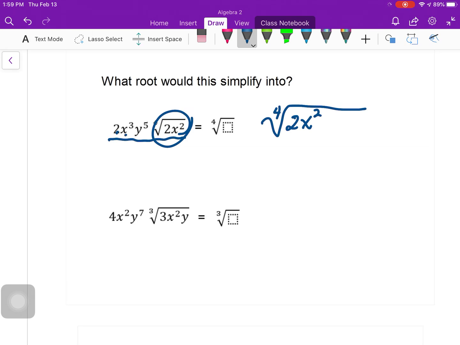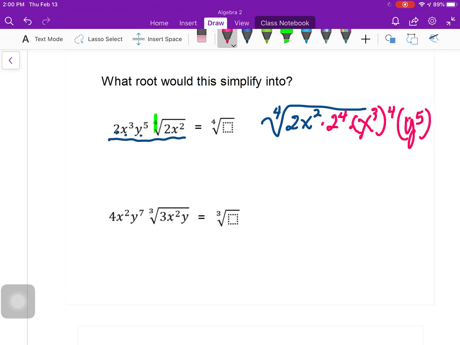To put each of these back in, I am going to need 4 of them since my root was 4. So that means I need 4 2's, 4x cubed, and 4y to the 5ths.